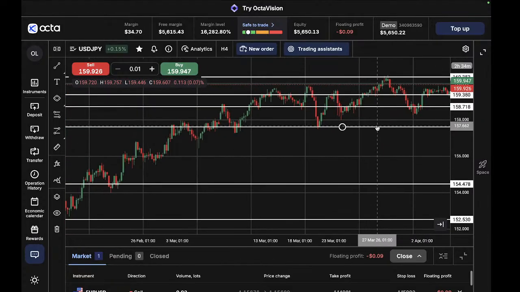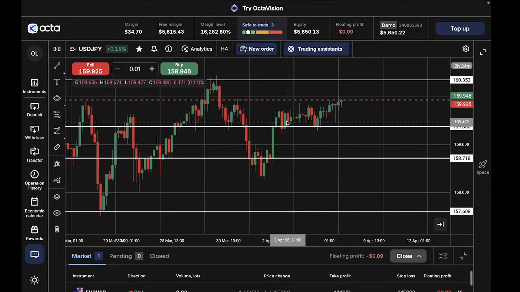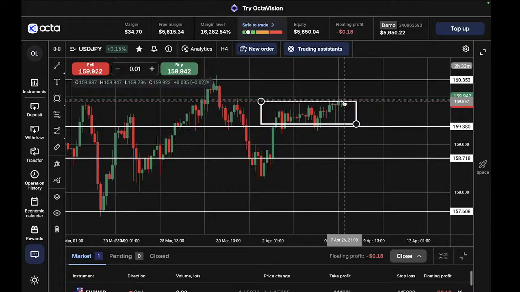So at this point now we can see that price went up, came down, went up here, and currently price is rallying at this level. So if there is a breakout from this level, if there's a breakout upwards, that's a buy.